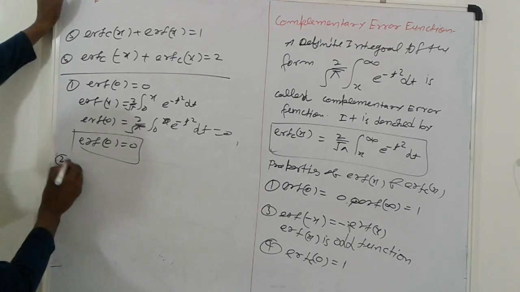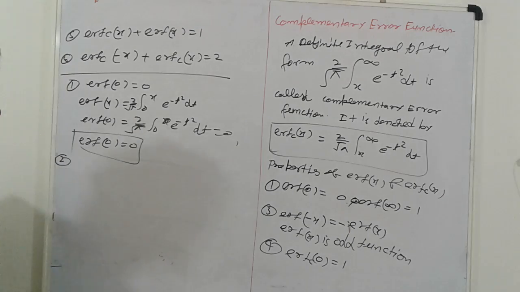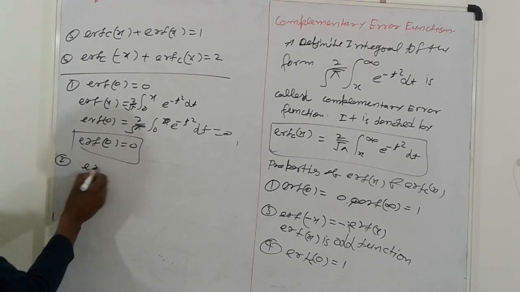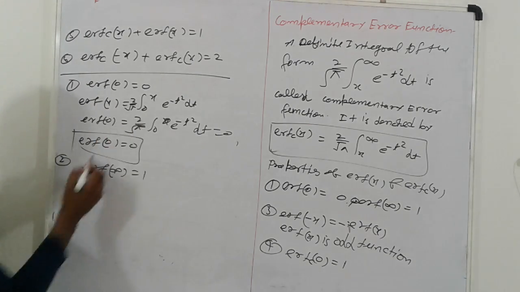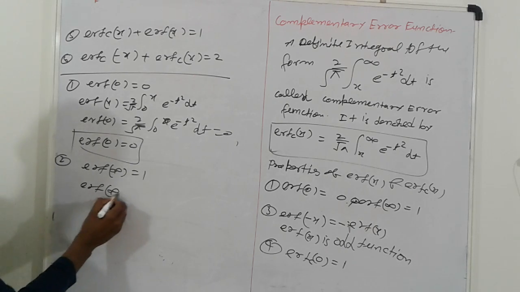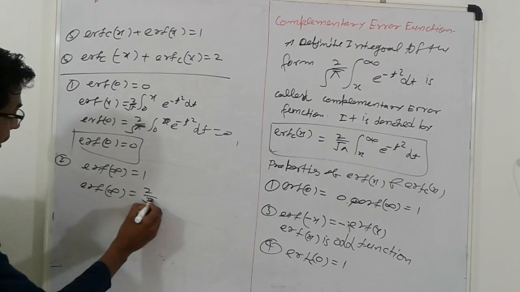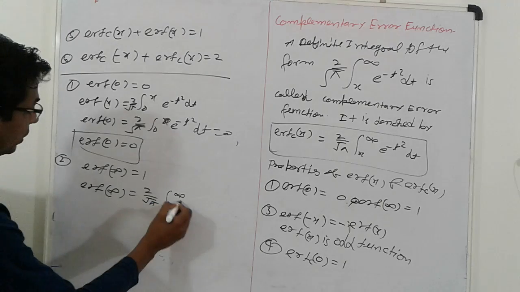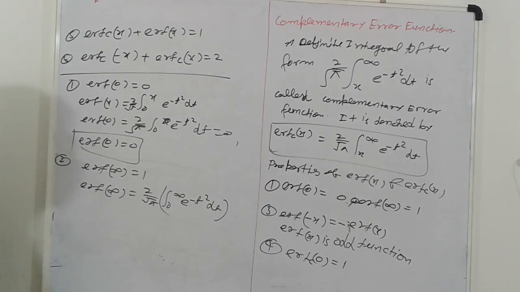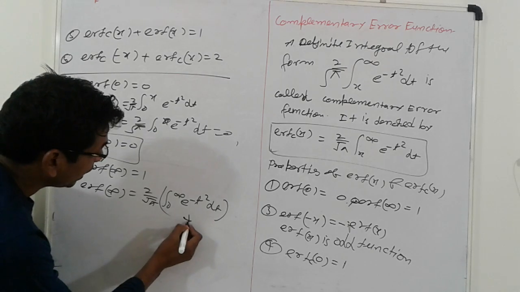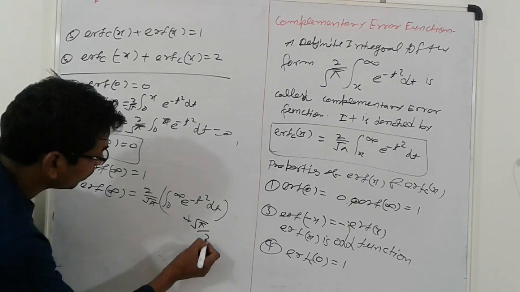Next, go to the second property. Erf of infinity equal to 1. So put here: erf of infinity equal to 2 upon under root pi, 0 to infinity, e raised to minus t square dt, and that value is under root pi upon 2.